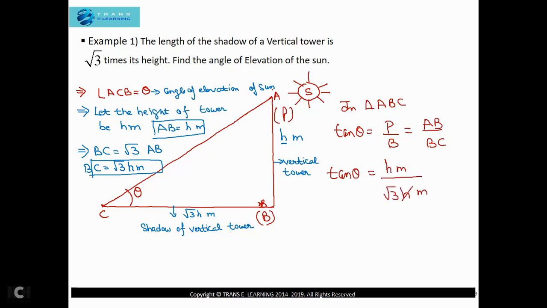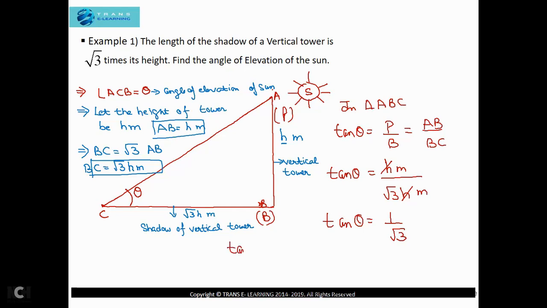So this h and h will get cancelled out and we are left with tan theta is equal to 1 upon √3. Now if we consider the value of theta in terms of tan, then tan theta is equal to 1 upon √3.